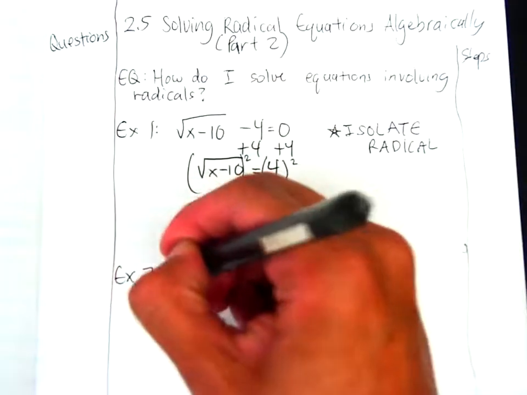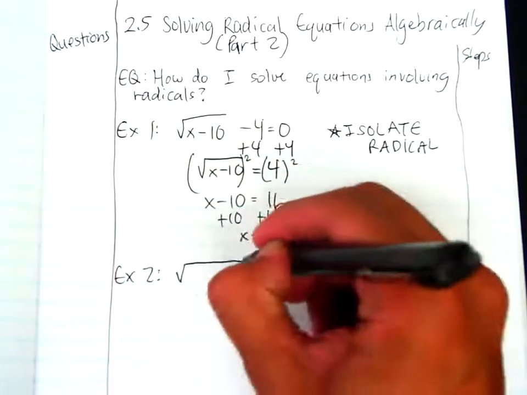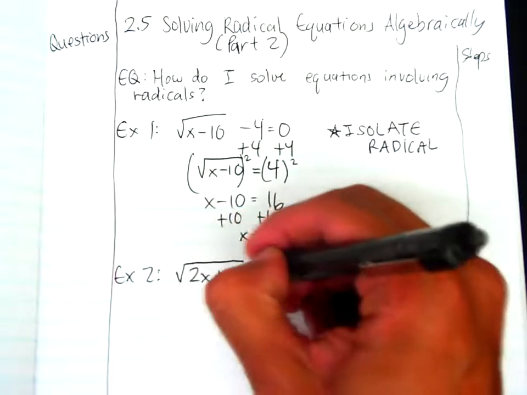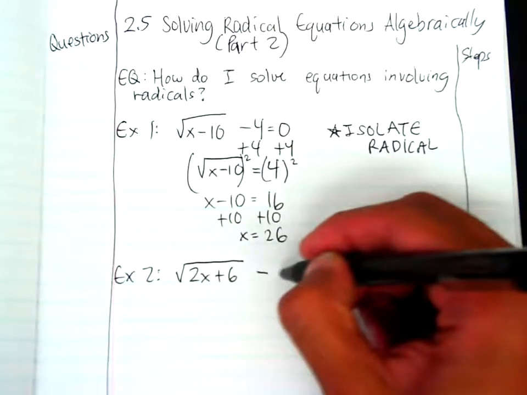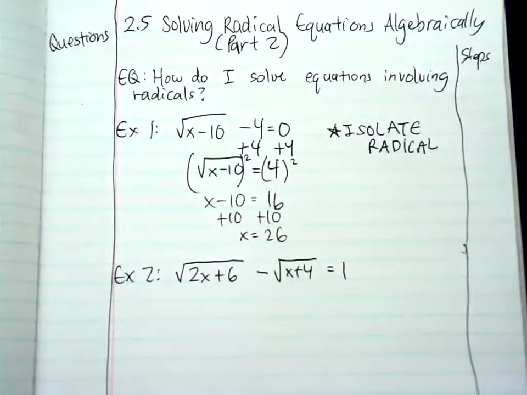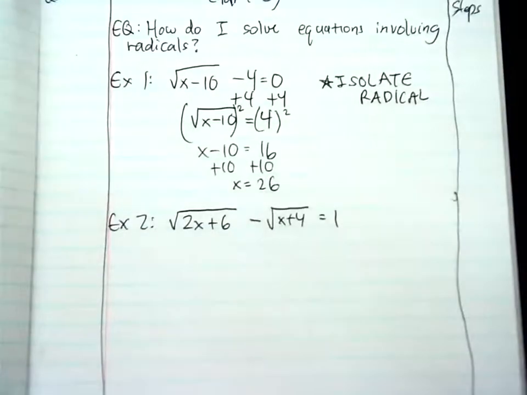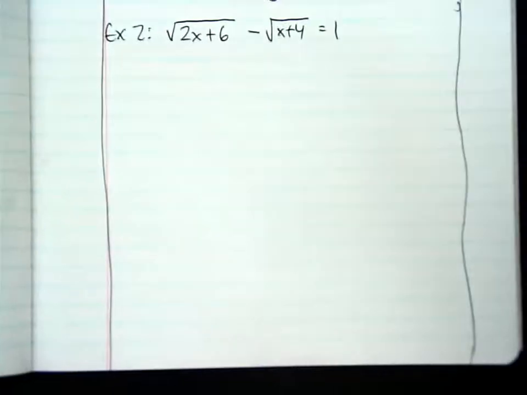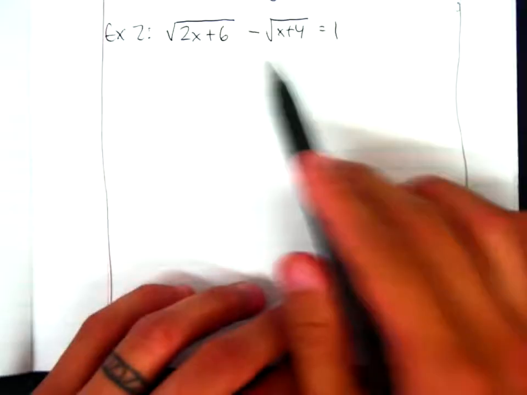Okay, so let's do a more difficult problem. This time we'll do one with two radicals. Radical 2x plus 6 minus radical x plus 4 equals 1. With this problem, I'm going to again isolate the radical, but I'm going to isolate just one radical. I can't obviously isolate both.